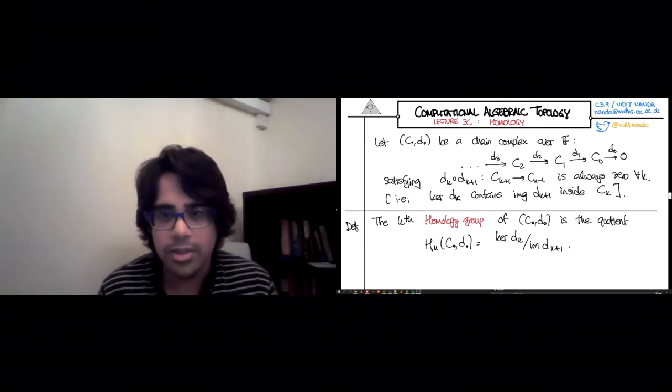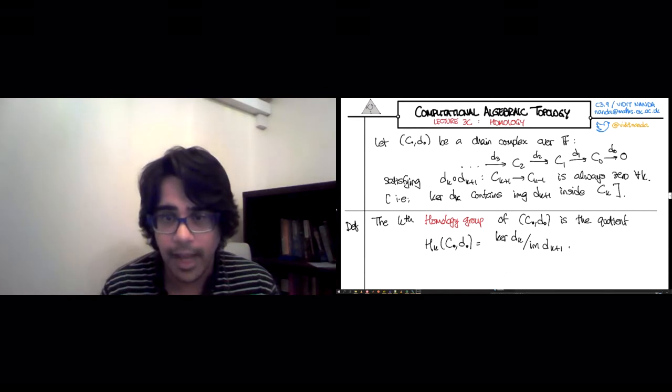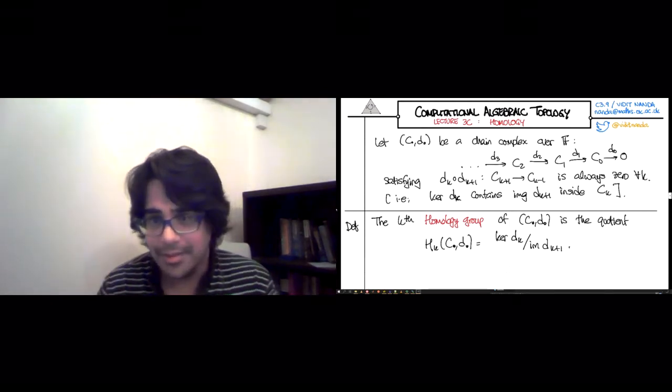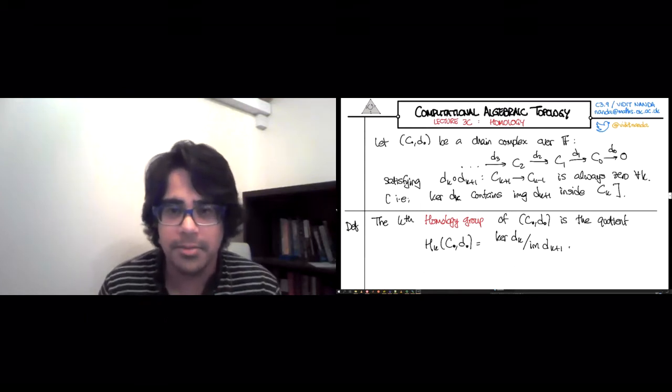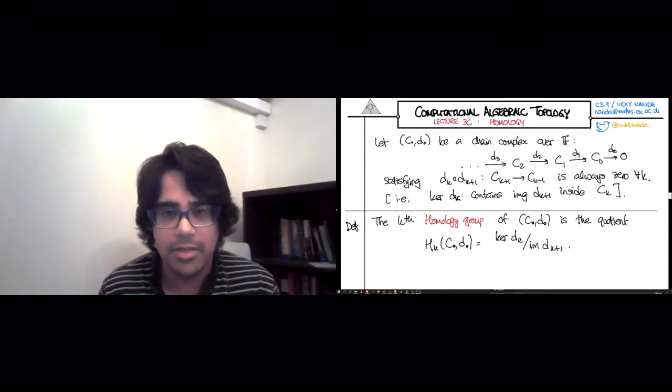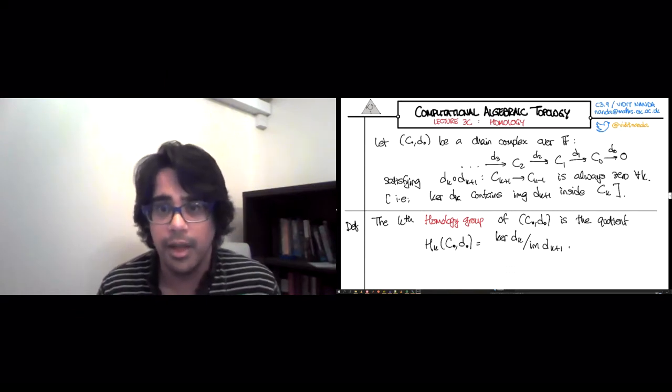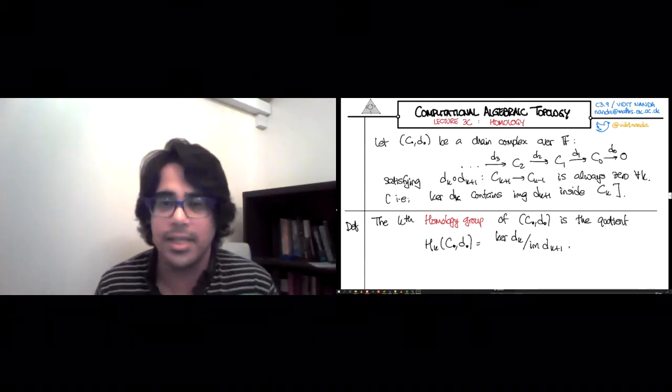So these are two subspaces of Ck, the k chain group, and the image of dk plus 1, by the definition of a chain complex, is forced to be a subspace of the kernel of dk, and homology is measuring how close this image comes to being the entire kernel. So it's measuring the difference between the incoming map at Ck's image and the outgoing map from Ck's kernel.